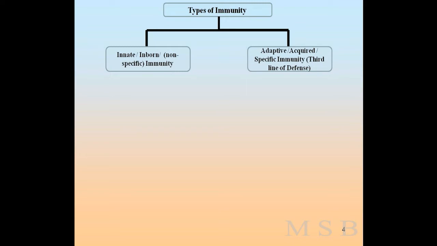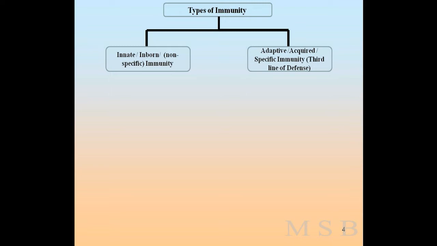In Latin, innate means inborn, that is, it is present at birth. It is determined by genetic factors. It is also known as native immunity or natural immunity because it provides early defense against infection.